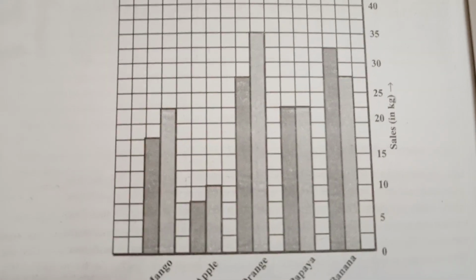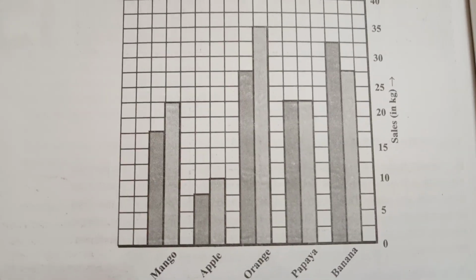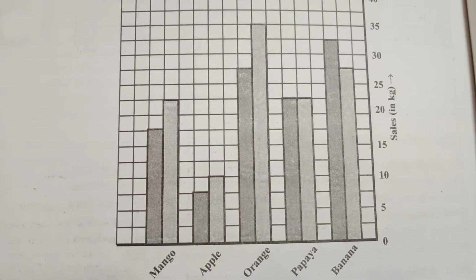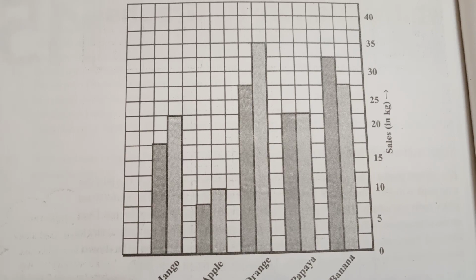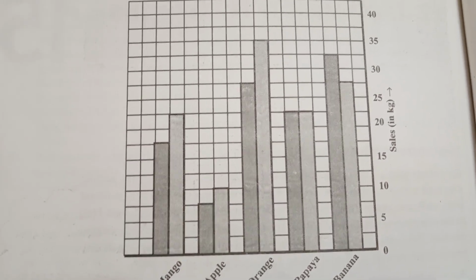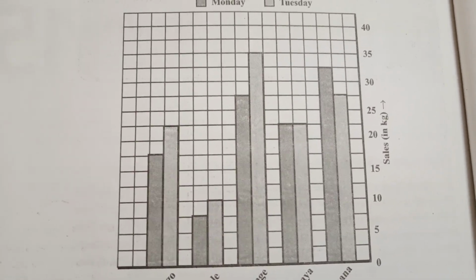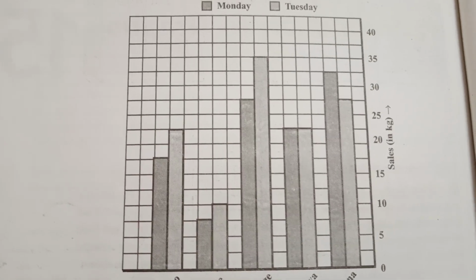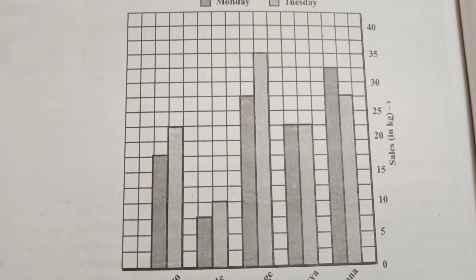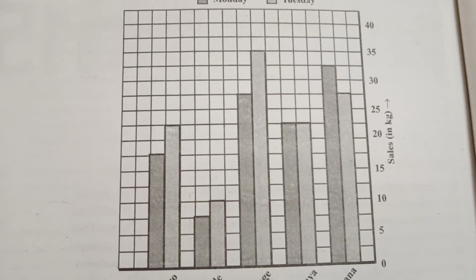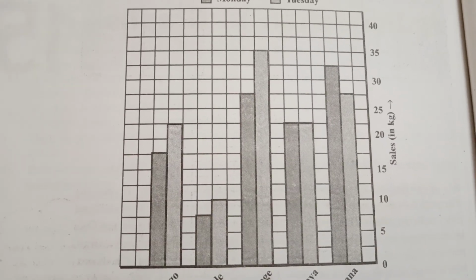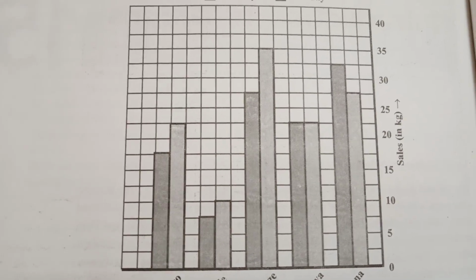Monday: bananas, mangoes, apple, oranges, papaya. We have chosen 0, 5, 10, 15, 20, 25, 30, 35, 40. The scale is 2 units equal to 5. So choosing the scale is important. Sales in rupees.